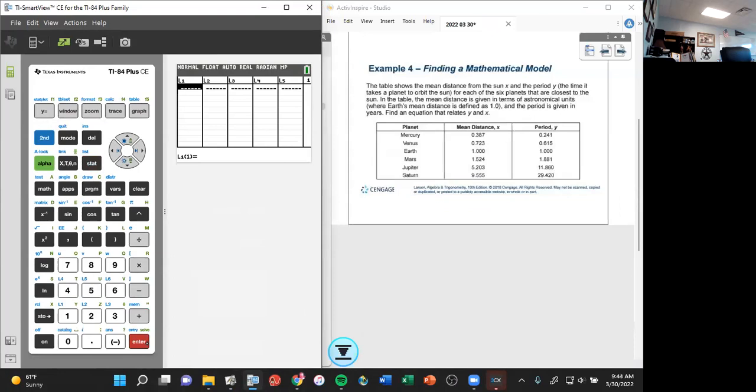Okay, so we will put the x values in L1, we'll put the y values in L2. Y'all good with that? Okay.